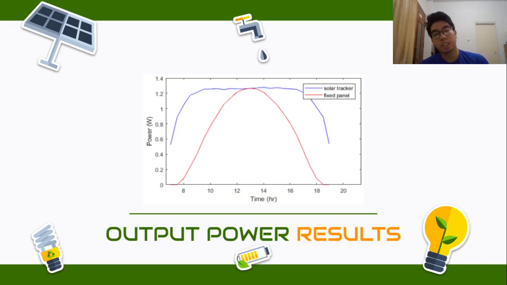Whereas with a uniaxial fixed panel, it can only follow the sun one time, which is the highest time of the day that the sun can provide its solar radiation, and it can no longer follow the sun after that. I believe that is the only time the solar radiation will be perpendicular to the PV panel when using the fixed panel.